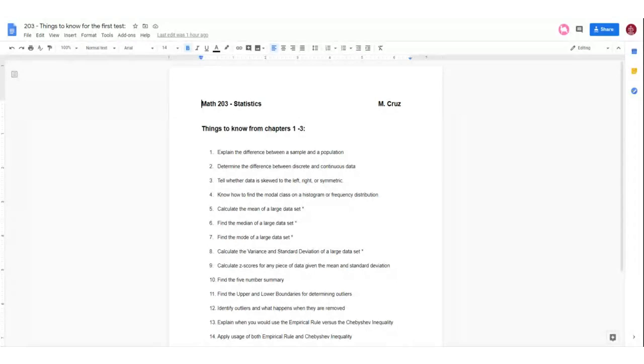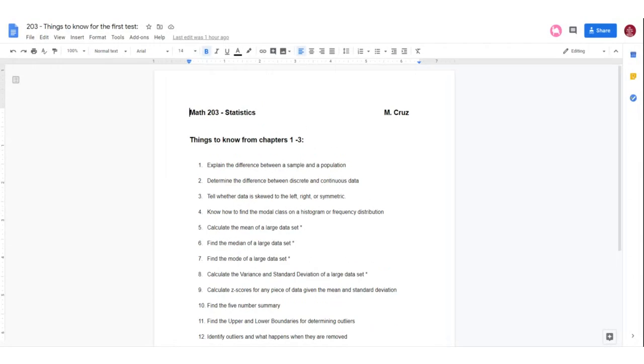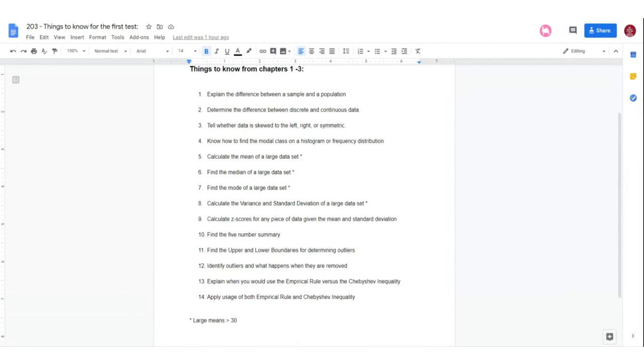Now, as I said, I put this little review on here. Well, I don't know if you call it a review or a study guide, but I put it in Canvas. And this is just the things that are important to take out from the first 3 chapters. So it's important to know the difference between a sample and population.